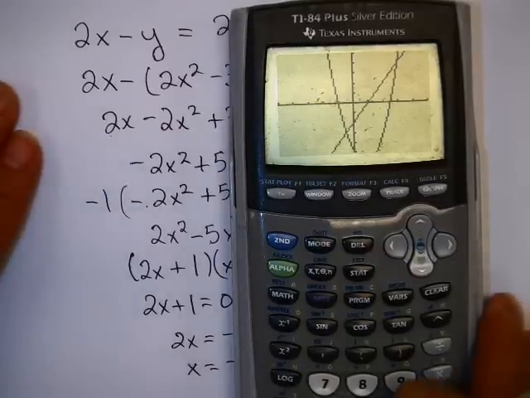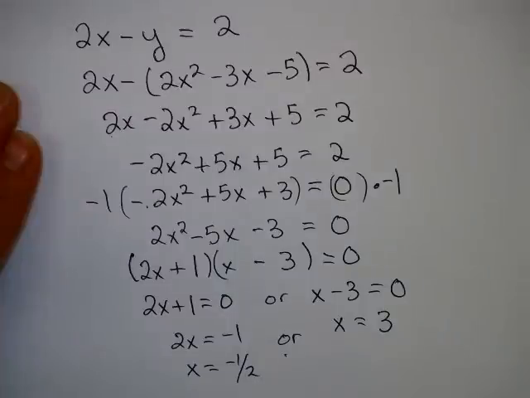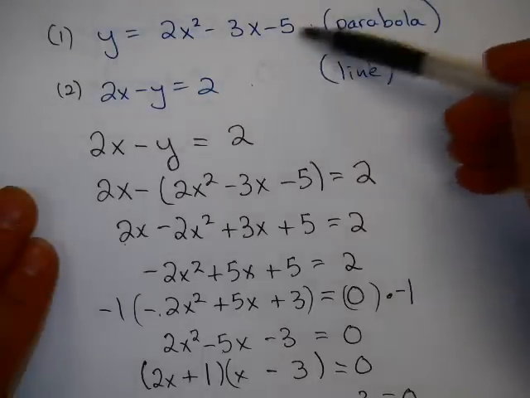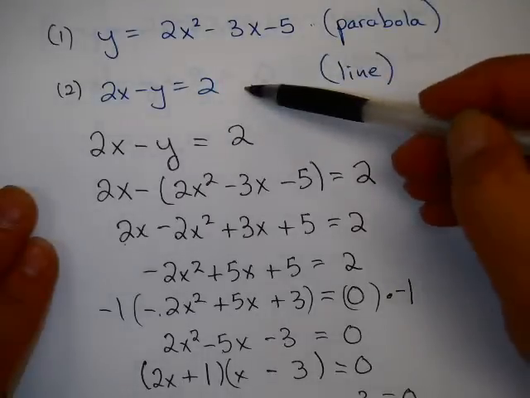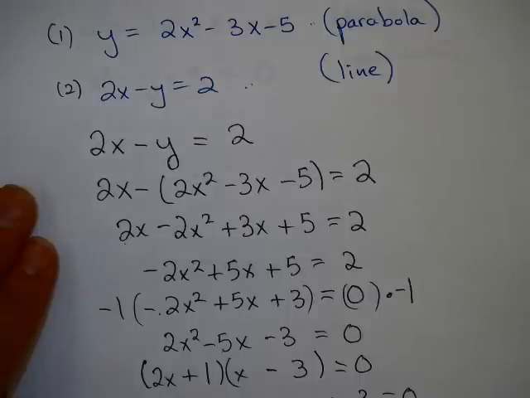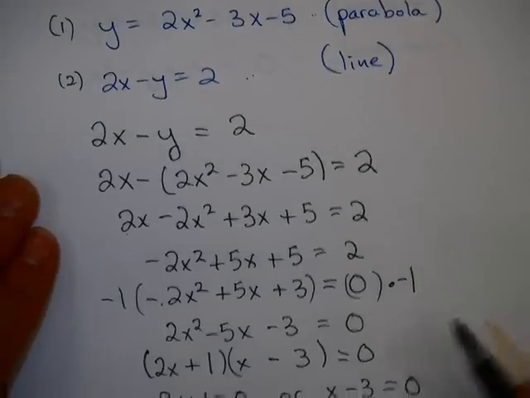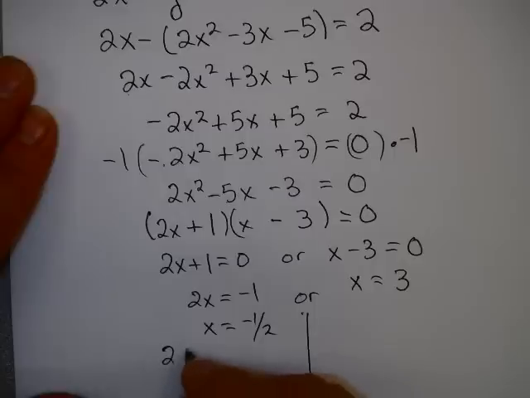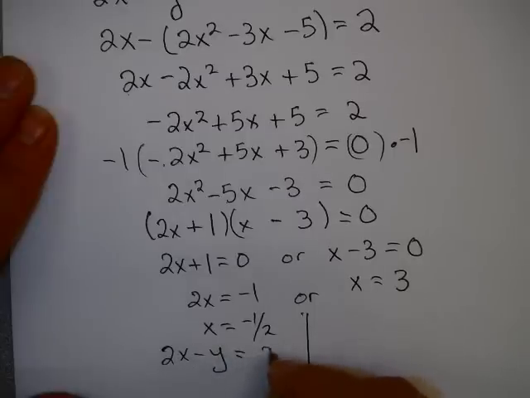There's more possibilities here. To finish this problem, I need to find the value for y for each of these. I can use either of my original equations, this one or this one, by substituting the value for x I found in to find the value for y. Now I'm just going to use this one, so I'm going to say 2x minus y equals 2.